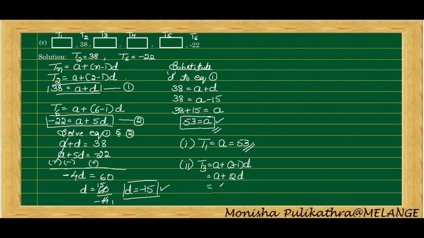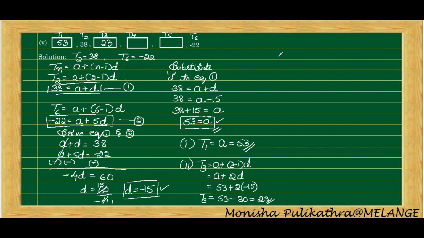A is 53 plus 2 into D is minus 15. So 53 plus into minus, minus 15 2s are 30. So it will become 23. So the value for T3 is 23. The value for T1 is 53 and the value for T3 is 23.